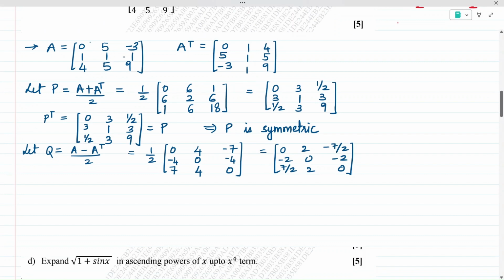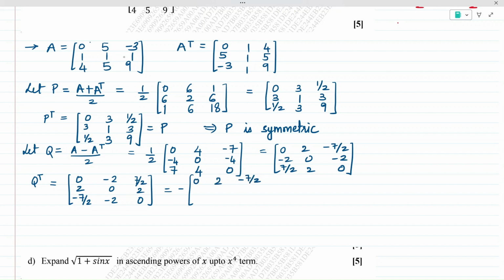You need to prove Q is skew symmetric. We call it skew symmetric when its transpose is equal to its negative. So let's calculate its transpose. First row will become first column, second row will become second column, third row will become the third column. Now let's take a minus sign out. So the first row will become 0, 2 and negative 7 by 2.